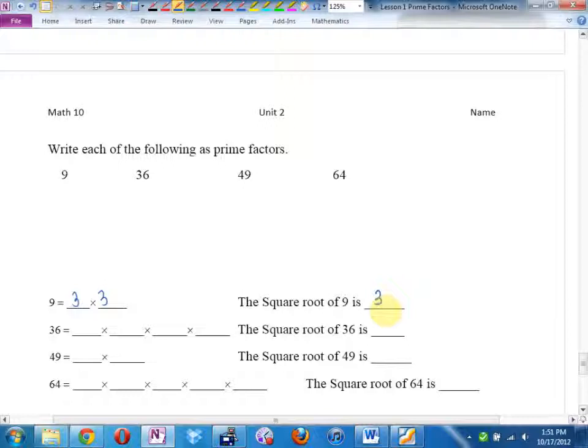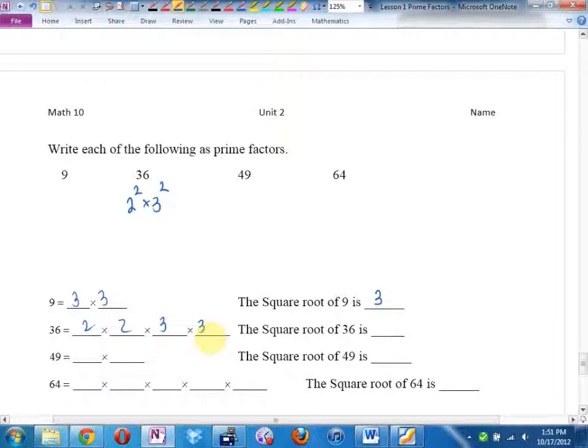36. Well, if I write the prime factorization of 36, it's actually 4 times 9. It's 2 times 2 times 3 times 3. And you'll notice that there are pairs of numbers. Every number has a pair.